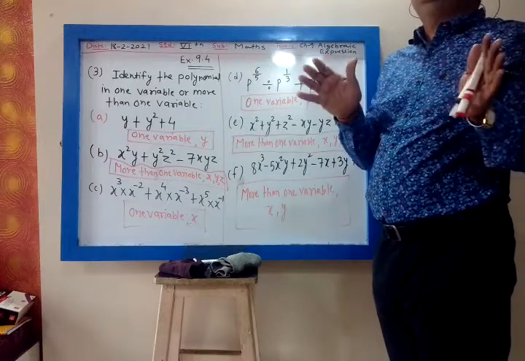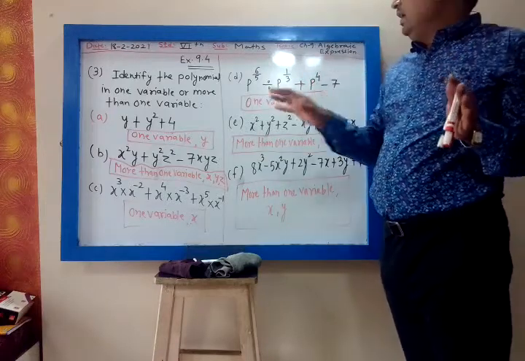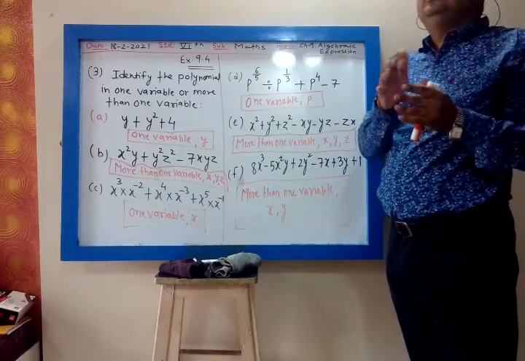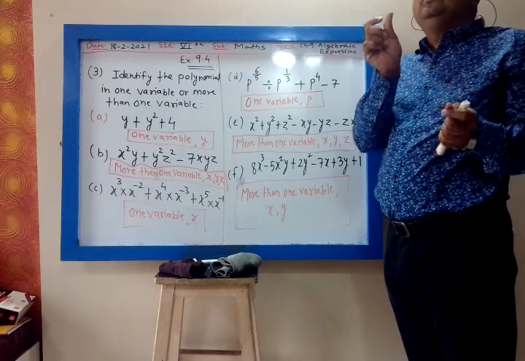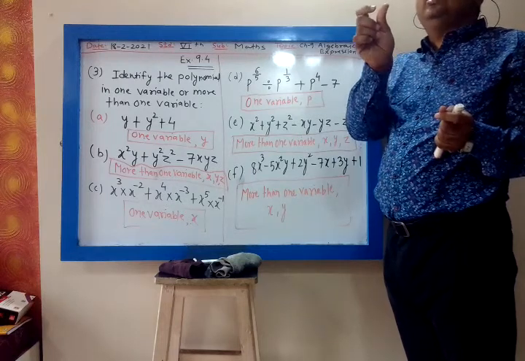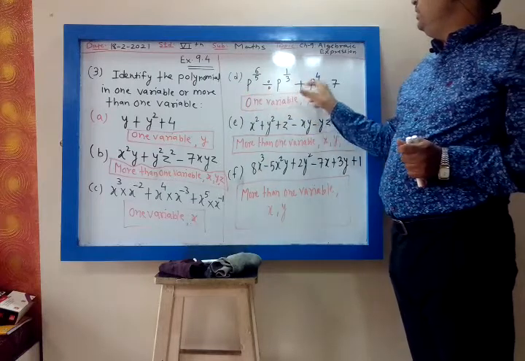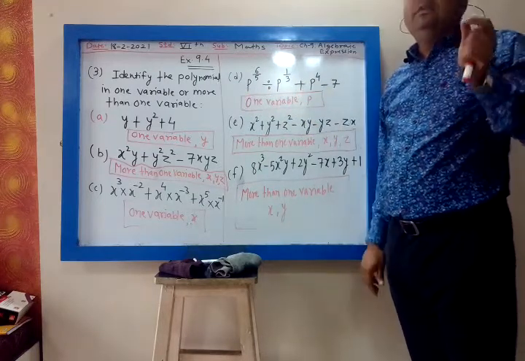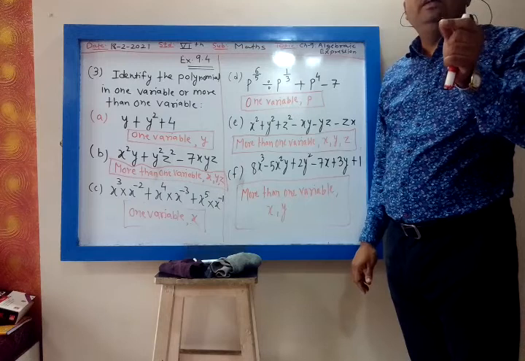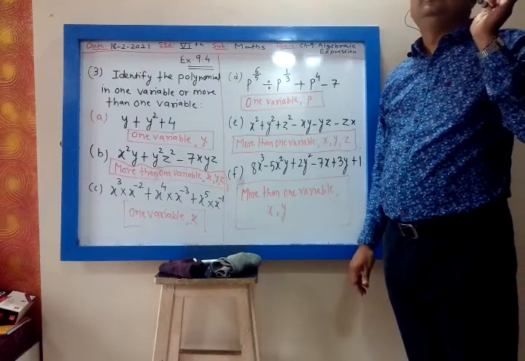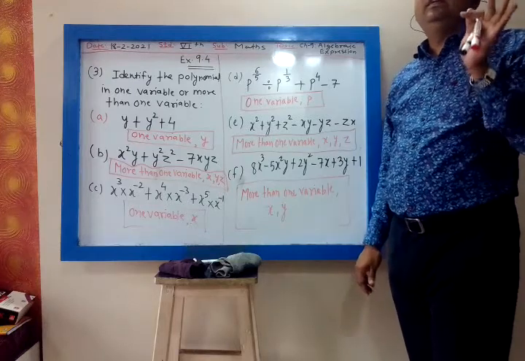There is no need to simplify. You are telling me the simplification process, but there is no need to simplify. Only by looking at the expression, you have to see how many variables are there. One variable, I can say p. Whenever you want to find the degree of the polynomial, then only you have to simplify.